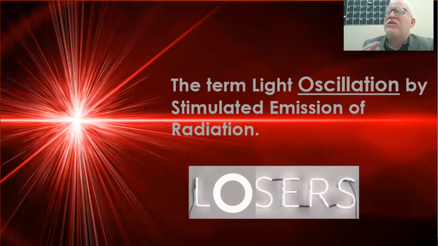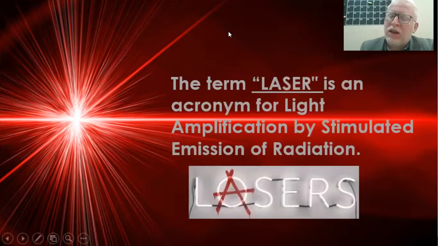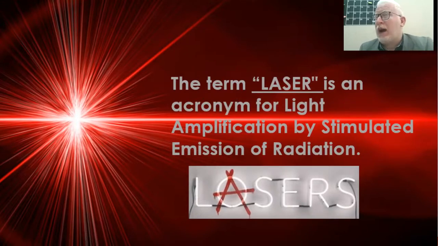However, when they started to abbreviate it, they found that it would be abbreviated as "loser." That's why they turned it into light amplification by stimulated emission of radiation. However, the word amplification is not 100% correct, because there is a main difference between amplifiers and oscillators. An amplifier is a stage for amplifying an input signal.